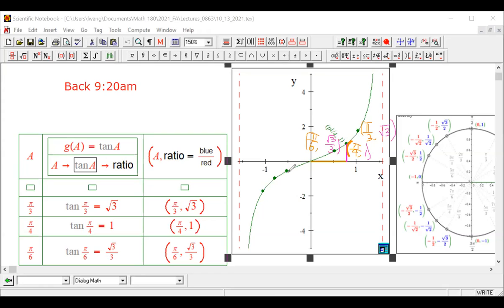The next one, this point, that's negative pi over 6, and the purple is negative √3 over 3. And this dot here, that color is negative pi over 4.